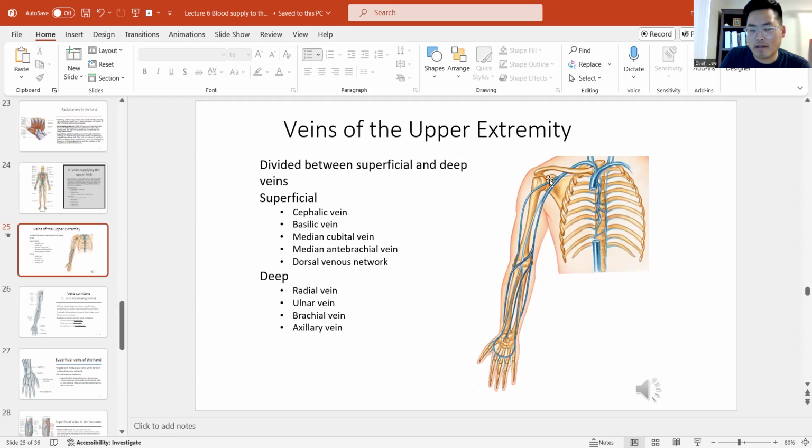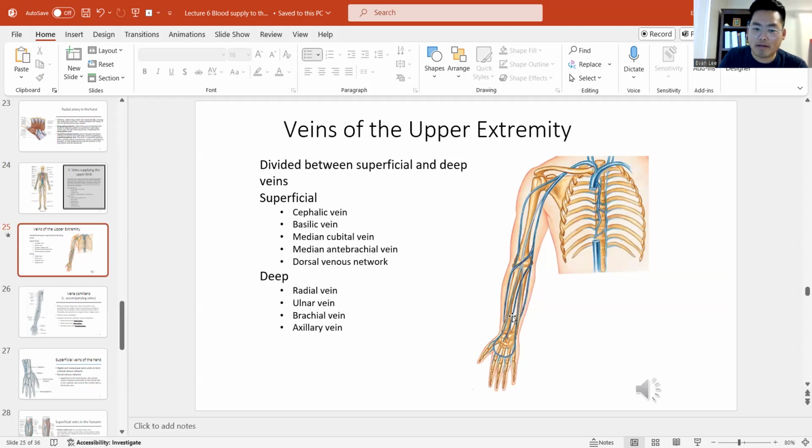To continue that discussion, let's look at the deep veins as well, which will be slightly differently organized. We do start off with a medial and a lateral vein again, and these veins luckily will follow the arteries and will be very similarly named. If you remember from before, you have a radial and an ulnar artery.